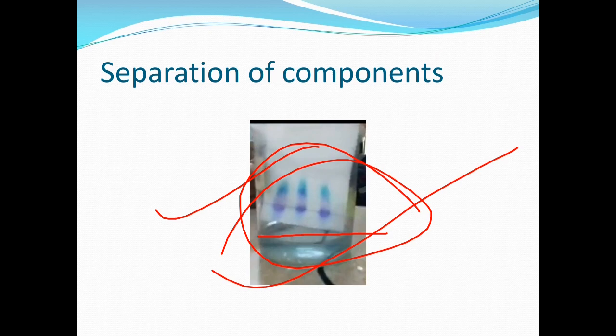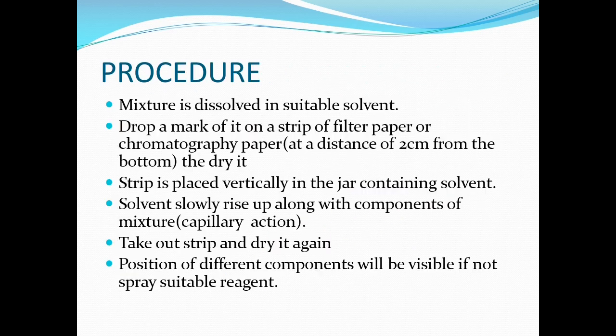For example, in this case, at the top it is sky blue color, then it is light purple color, and below it is dark purple color. So the different colors of the sketch ink get separated. You can see that in the procedure also the same steps are followed: you will take a strip of filter paper, mark 2 centimeters from the bottom, then drop marks of ink.